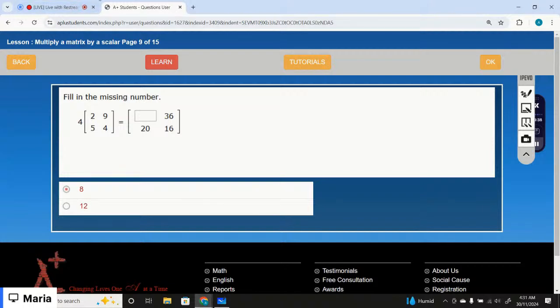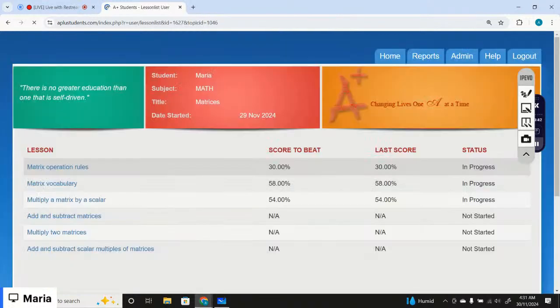Okay, you can complete the lesson by yourself later today. The next lesson is add and subtract matrices.